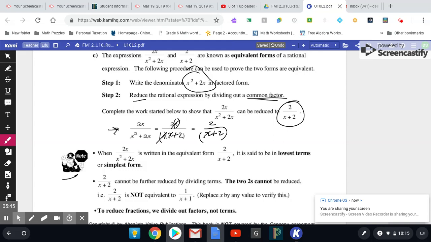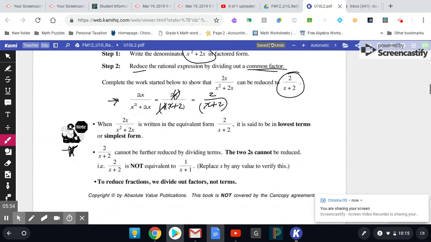This note says, when you are writing them in equivalent form, it is said to be in lowest terms or simplest form when you have done everything. You must factor first and then cancel. And it says here, the 2's cannot be canceled because this 2 on the bottom is connected to the x.